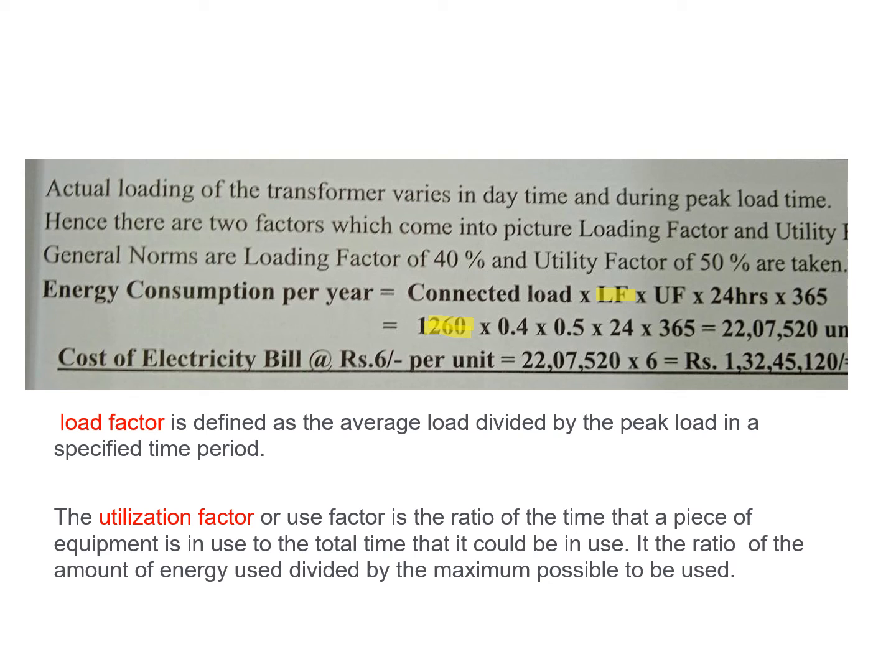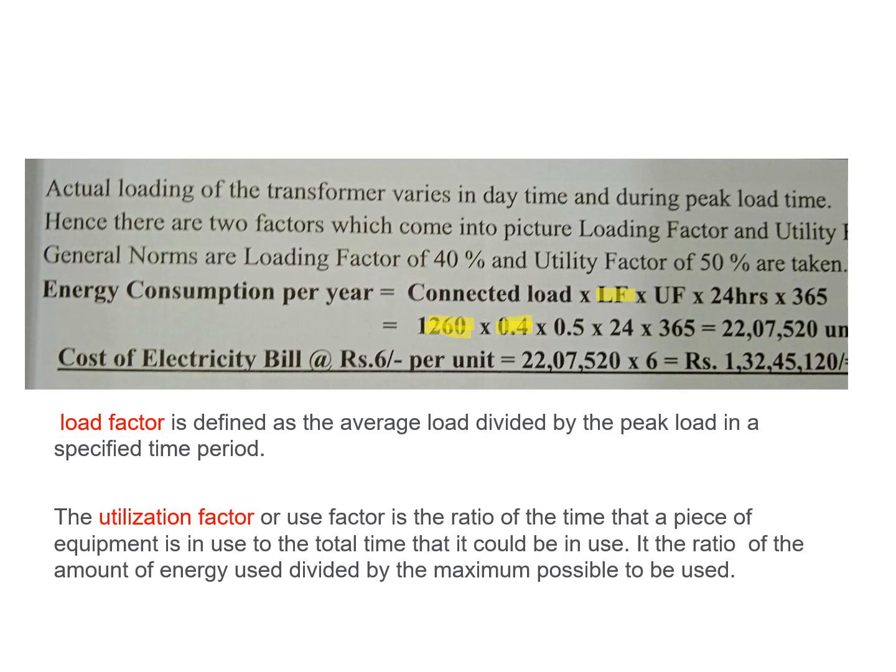Which means, let's say the peak load is 1260, everything is on at 1260, but the average load throughout the whole day, if you look at the kind of load used through the whole day, you might be utilizing only 40% of it on an average. So that is the load factor. So you look at load factor as 0.4.